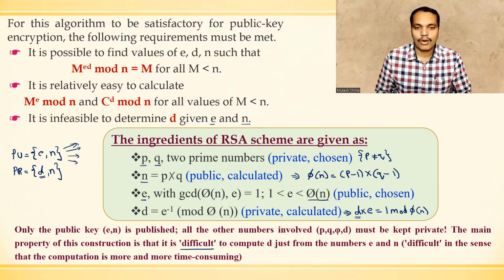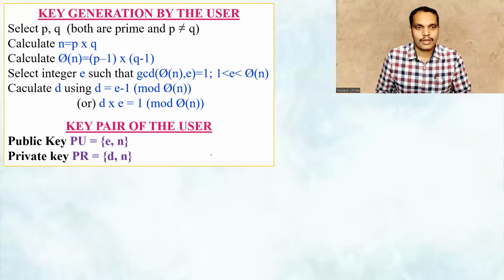Now let me show you how this is actually implemented from these ingredients, how we do the encryption and decryption process. The first part is key generation. How does the user generate the keys? First, select both P and Q, both prime and P not equal to Q. Then calculate N is equal to P into Q. Calculate psi of N is equal to P minus 1 into Q minus 1.